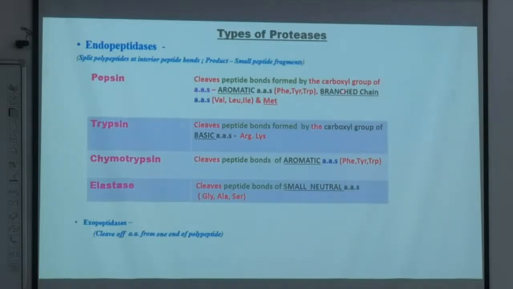If you cannot remember branched chain, at least remember that pepsin and chymotrypsin cleave the peptide bond of aromatic amino acids. At least you will be saved from failing. And elastase cleaves the peptide bond of small neutral amino acids, that is glycine, alanine and serine. This is the heart of basically protein digestion.